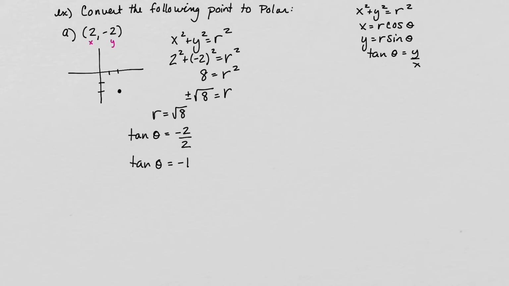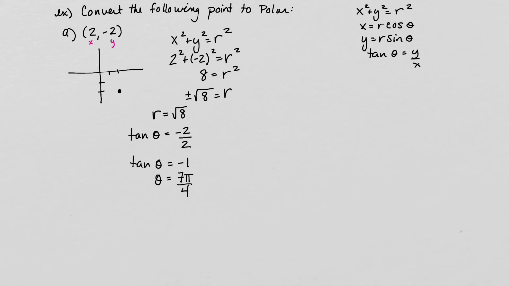Okay, and then John gave us the answer here. So I'm looking for when the tangent of theta is equal to -1, and I know I need to be down here in quadrant 4. So if you read that off of the unit circle, the theta ends up being 7 pi over 4.